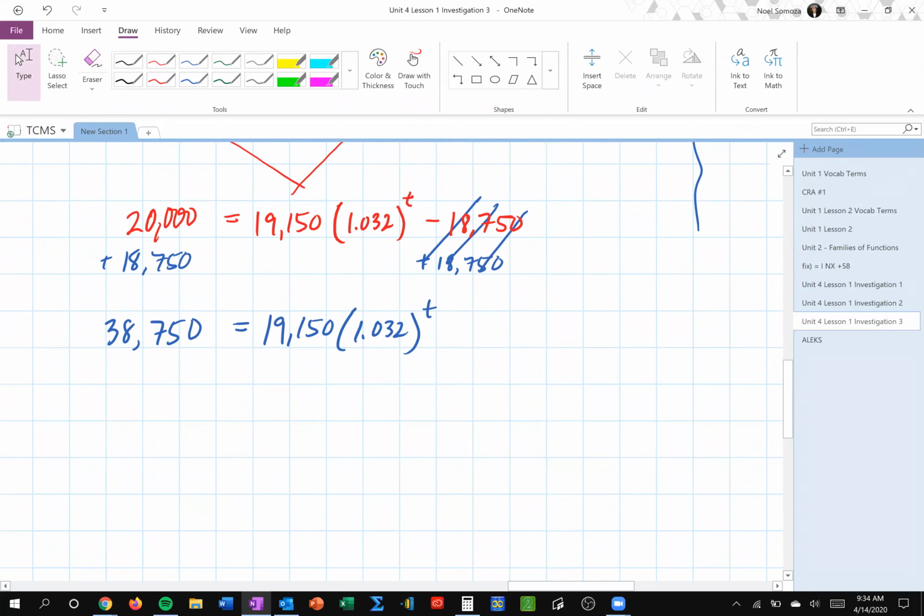We want to solve for t, so again, the whole process is to try to eliminate everything as much as possible to get t by itself. What we can do now is divide both sides, because we have a product here, and it's not like we can distribute the 19,150 inside of those parentheses anyway. So divide both sides by 19,150.